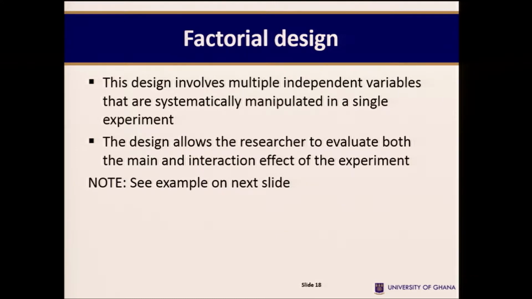Factorial design. This design involves multiple independent variables that are systematically manipulated in a single experiment. In the previous one that we discussed, we had only one independent variable being manipulated. If you are doing a factorial design, it means you have two or more independent variables that you want to manipulate.